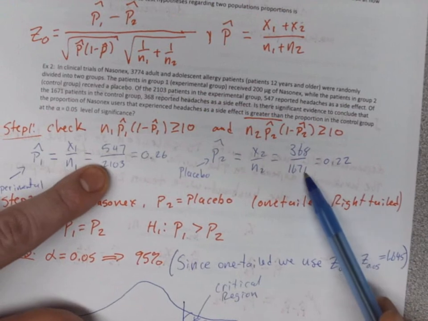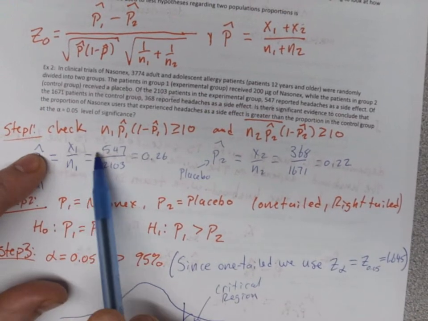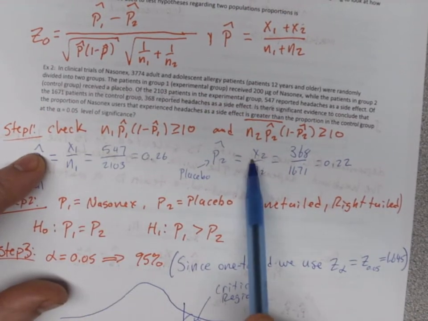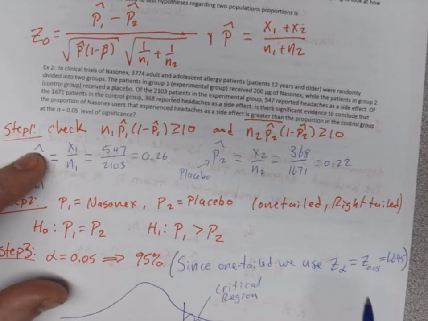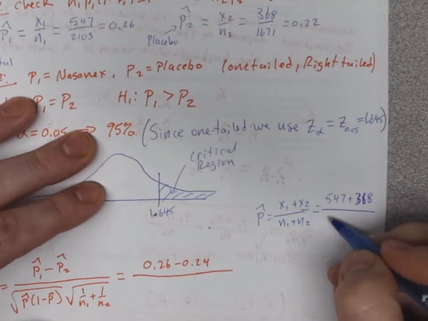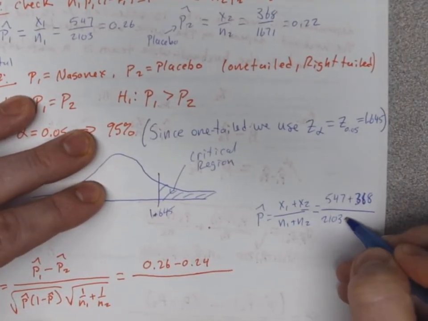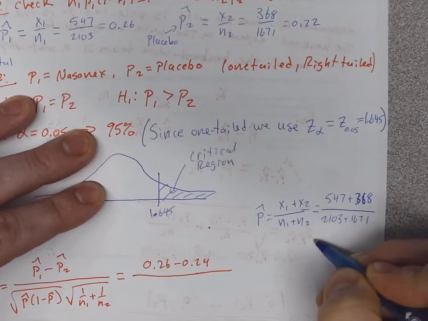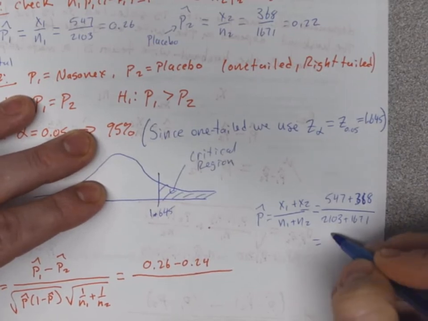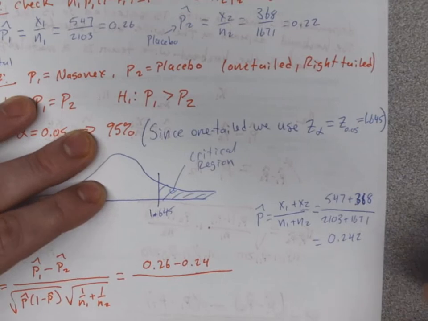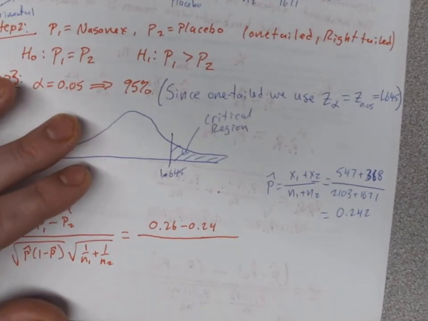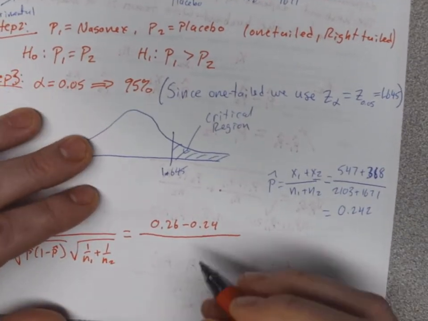I'm just copying the values here. I already found what x1 and n1 and x2 and n2 were, so I'm just plugging those in down here. And do the math there, and you get 0.242.